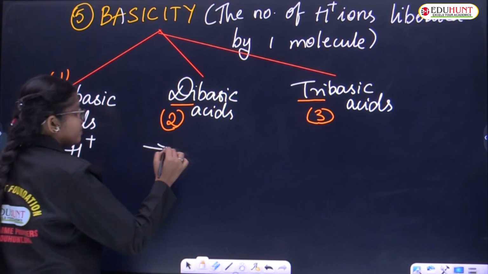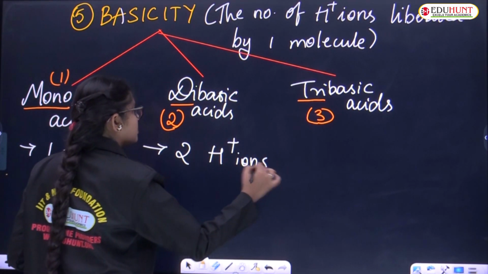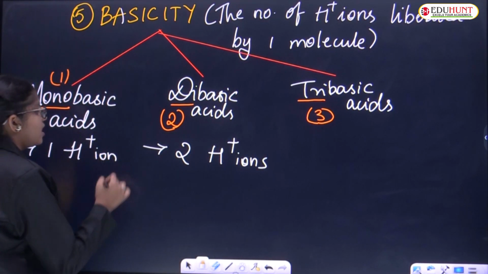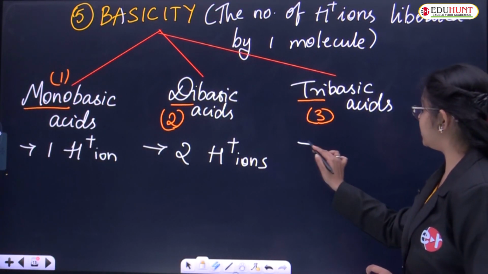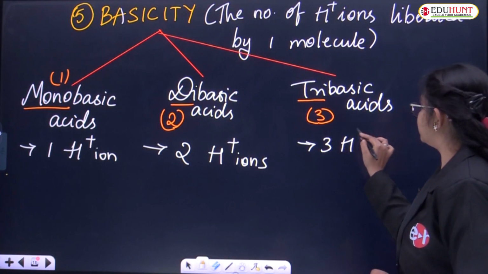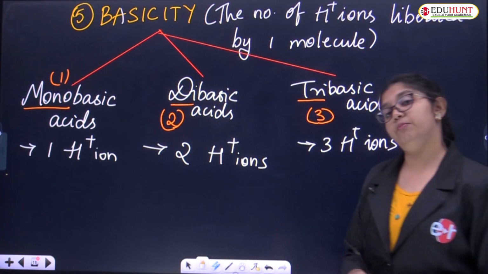What about dibasic acids? They liberate two H plus ions and are called dibasic acids. What about tribasic acids? Simple, right? Those which liberate 3 H plus ions are called tribasic acids.